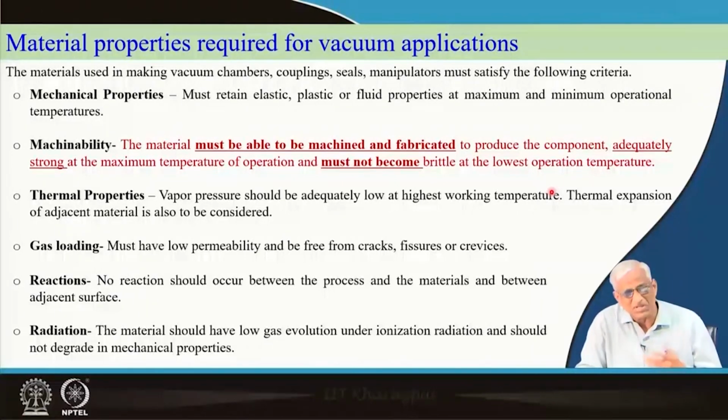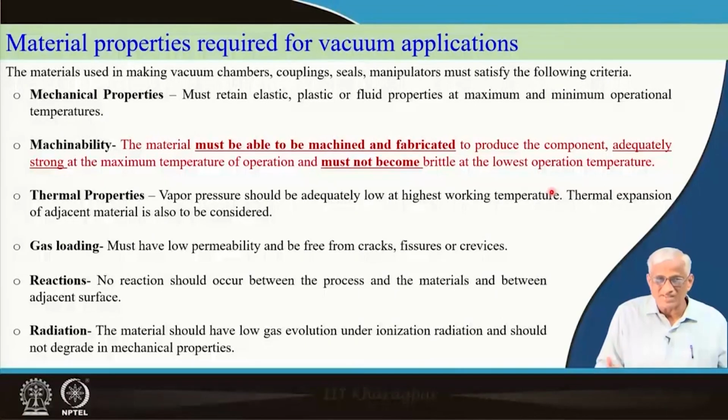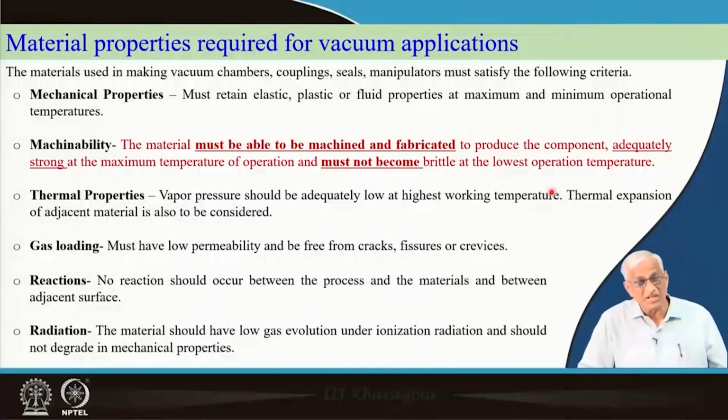These are general properties: mechanical, thermal, radiation, degassing properties, etc. Keeping this in mind, let us see metals, polymers, composites, plastics, greases, glasses, and ceramics that are routinely used in very high vacuum technology.